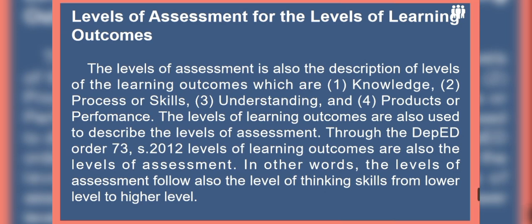Through DepEd Order 73, series of 2012, the levels of learning outcomes are also the levels of assessment. In other words, the levels of assessment follow the levels of thinking skills from the lower level to the higher level.